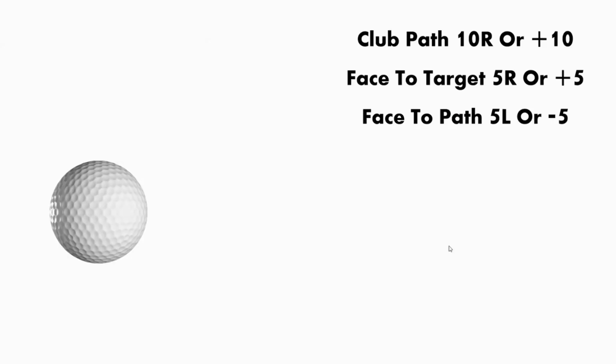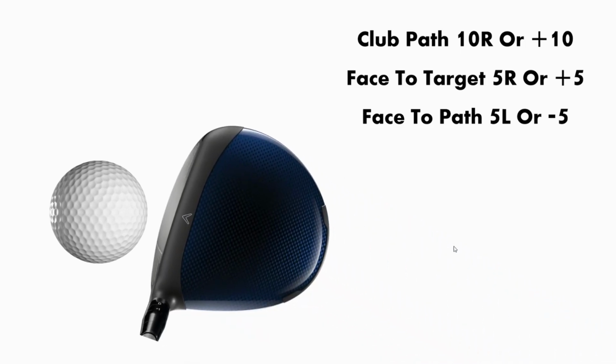So let's look at what the club and ball do with these certain data points. We have our club come in from the bottom. That is representing our club path. And then the face angle or face to target is where you can see that the club is open, or the ball is kind of presented towards the heel side. The club kind of looks like that. So it's 5 degrees right or open in this case.